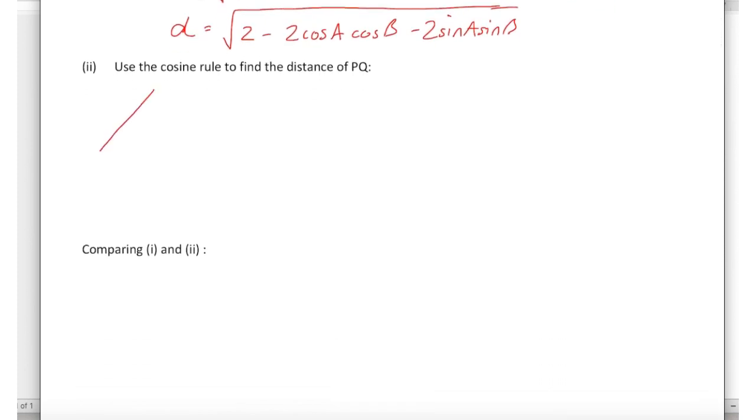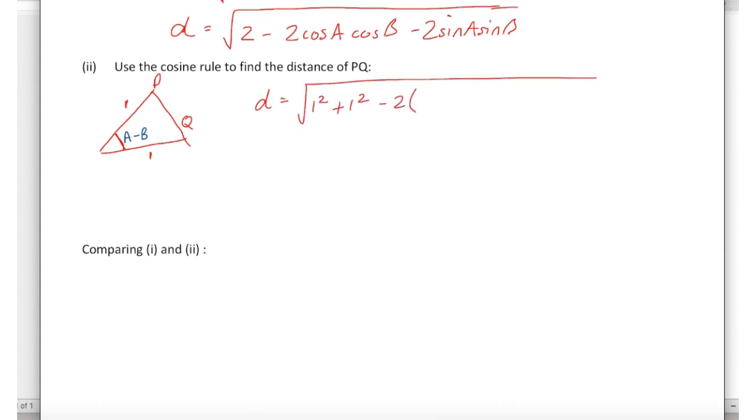We have P and Q, both made up of the radius of 1, and this angle in here is angle A take angle B. So using the cosine rule, we would have the square root of 1 squared plus 1 squared take 2 times 1 times 1 times the cos of the angle, which is A take B. Essentially we've identified 2 different ways of expressing the distance between point P and point Q. These should be the same value.